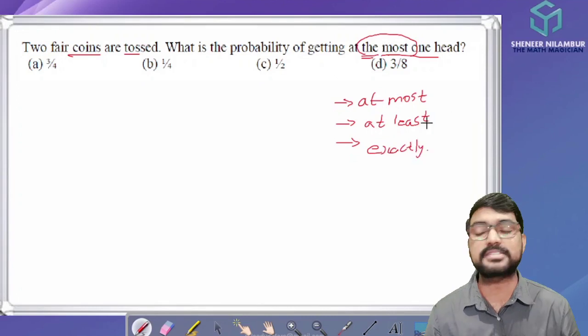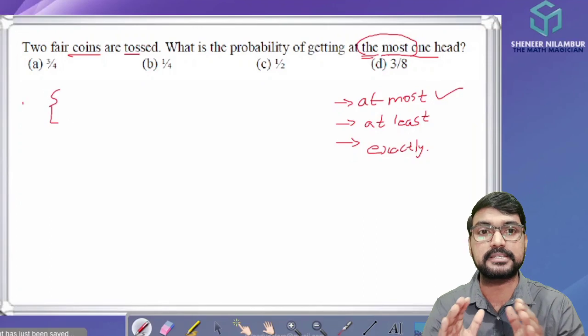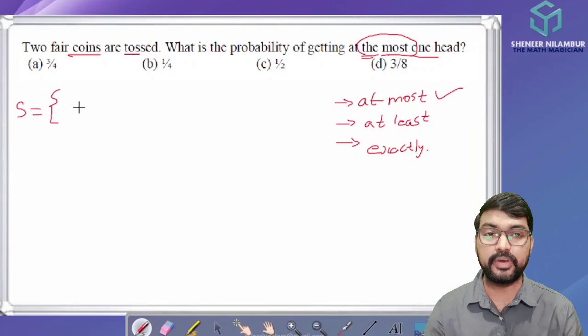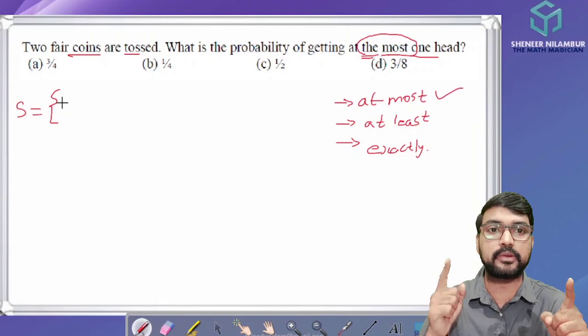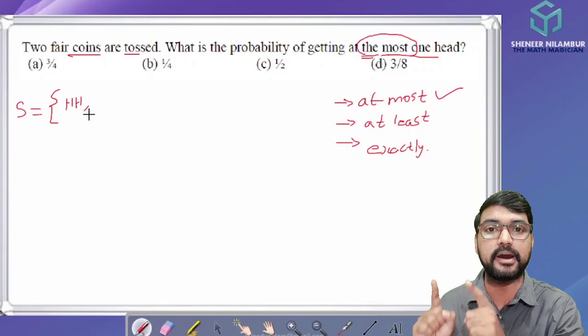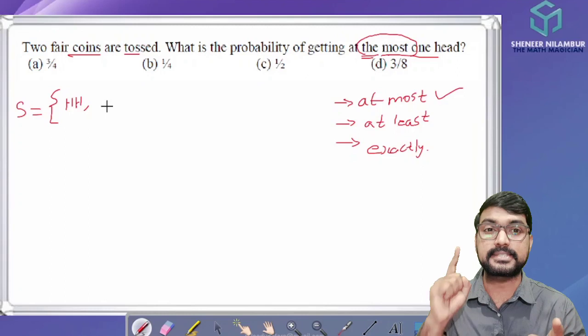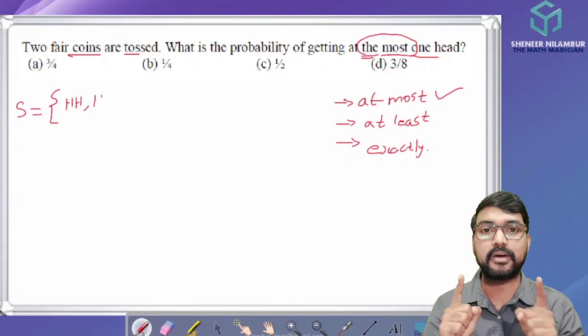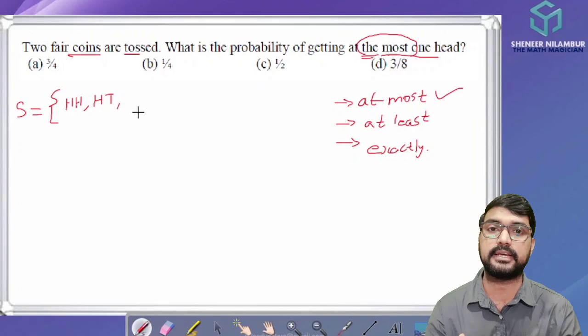Here the words they used are at most one head. Here 2 coins are tossed. So we can write the sample space. Sample space means the set of all outcomes. When we toss 2 coins, the first coin may show head and the second coin may show head, so we can write its outcome as HH. Or first coin is head, second coin is tail, so HT.